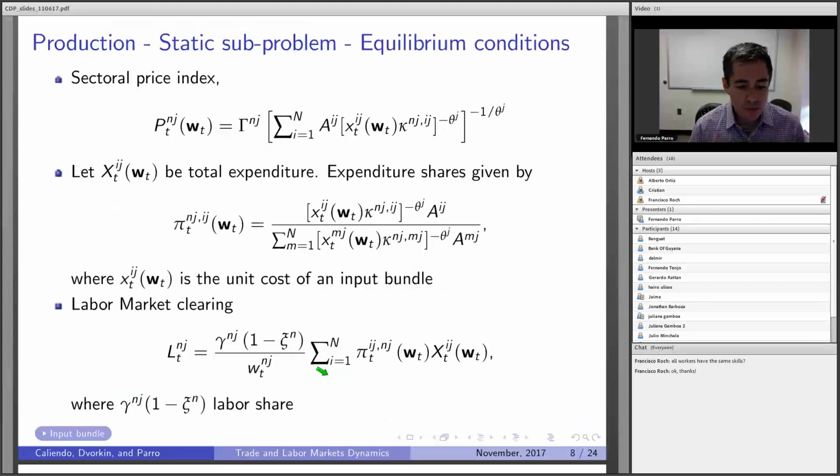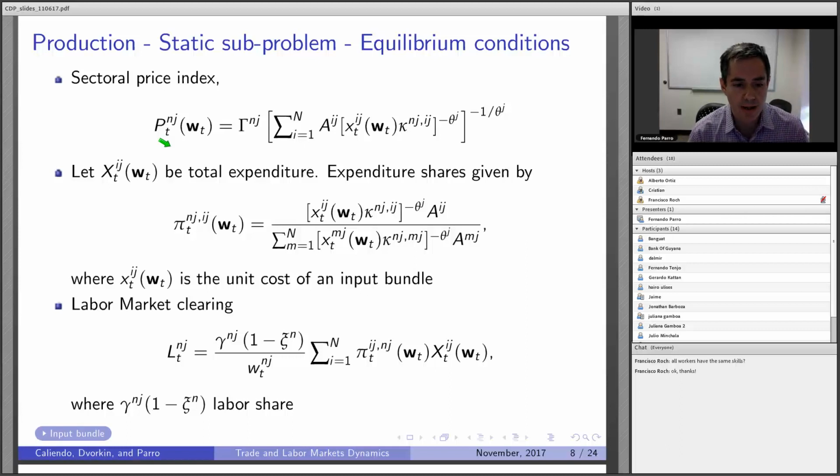And goods within a given labor market are going to be aggregated using a standard CES aggregator, and therefore we can solve for the price index in labor market NJ.